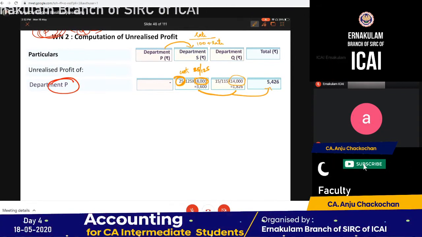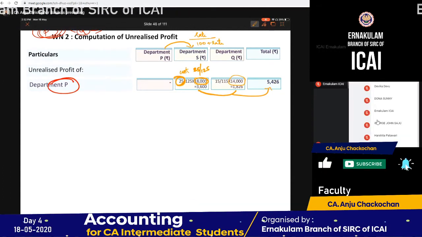Keep working on that and compute the unrealized profit for all the three departments.